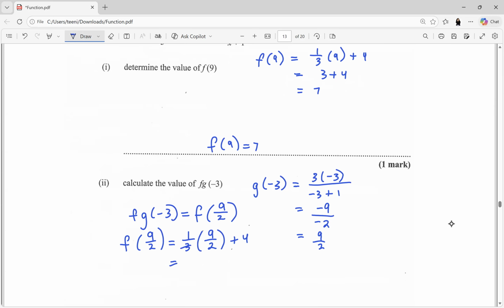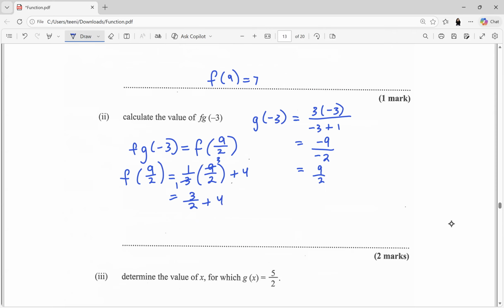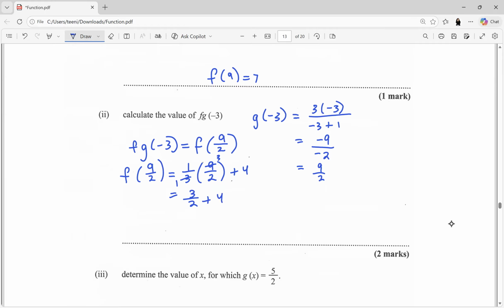So this gives me 3 into 3, 1. 3 into 9 is 3. So 3 over 2 plus 4. What is 3 over 2 plus 4? 3 over 2 plus 4 is 5.5, right? So f of g of negative 3 is 5.5.